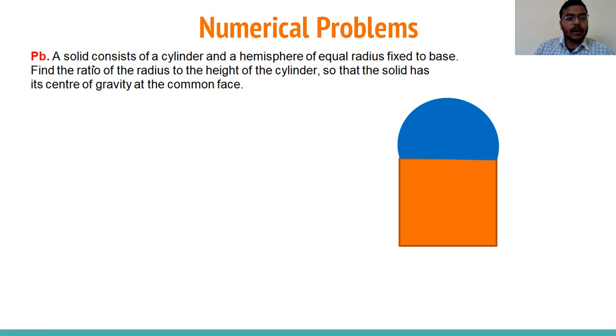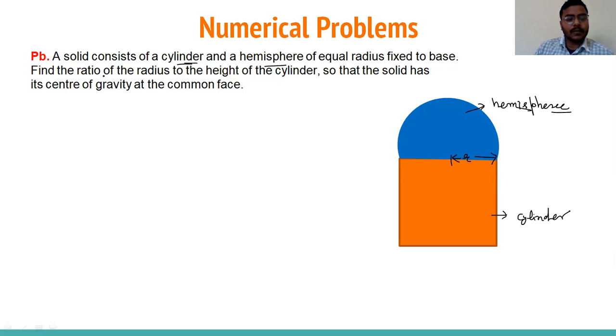See, a solid consists of a cylinder and a hemisphere of equal radius. So this is the cylinder, and this is the hemisphere, of equal radius, so their radii are equal, fixed to base.